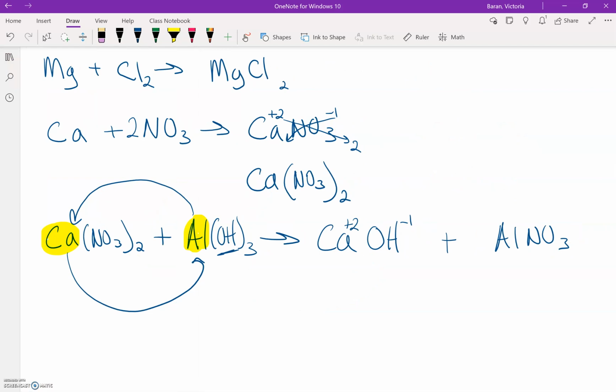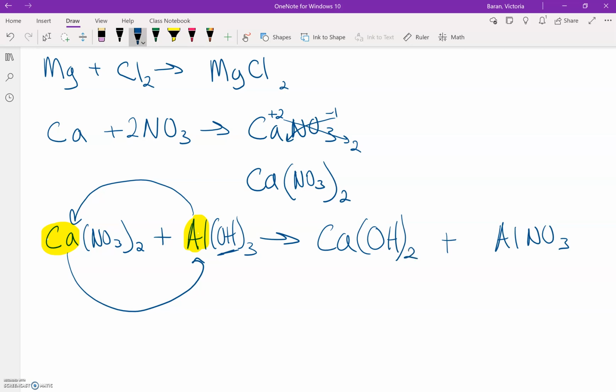Same thing: when I go to do the crisscross, this 1 becomes a subscript for the calcium, but I don't have to write it. And this 2 becomes a subscript for the OH, but since the OH is a polyatomic ion, we're going to put it in parentheses, okay?